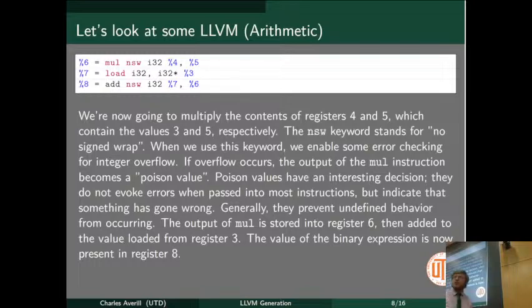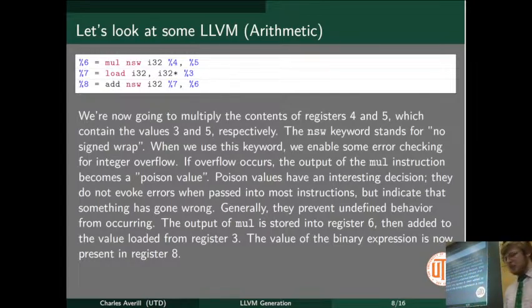And so when we use the no signed wrap keyword, we're kind of going to enable, I would hesitate to call it error checking, but inside of the compiler, the LLVM compiler, if one of those wraps occurs, so if you've got two 8-bit integers and you multiply them, or you're multiplying like 256 by 256 or 255 by 255, that's going to go out of bounds, right? It's going to go farther than an I8 should.